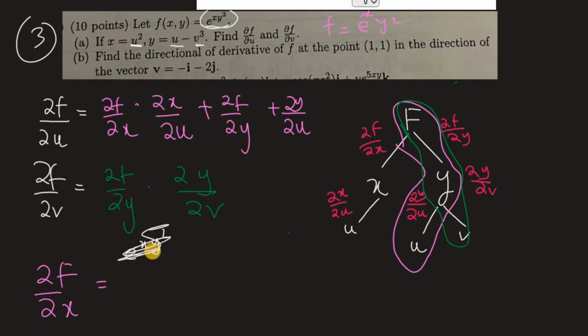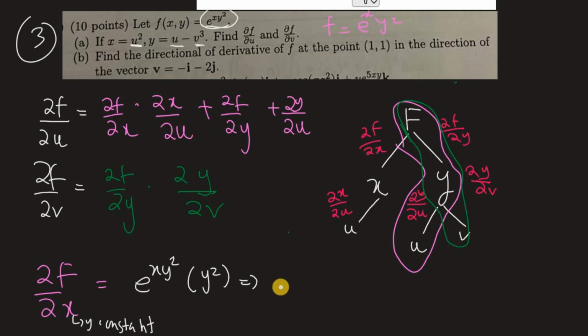What is the derivative of e^(xy^2)? First of all, it's going to be the same thing, and then you multiply by the inside function xy^2. Remember, we're differentiating with respect to x, which means y is a constant. So x goes to 1 and y squared remains over there. So this is y^2 e^(xy^2).